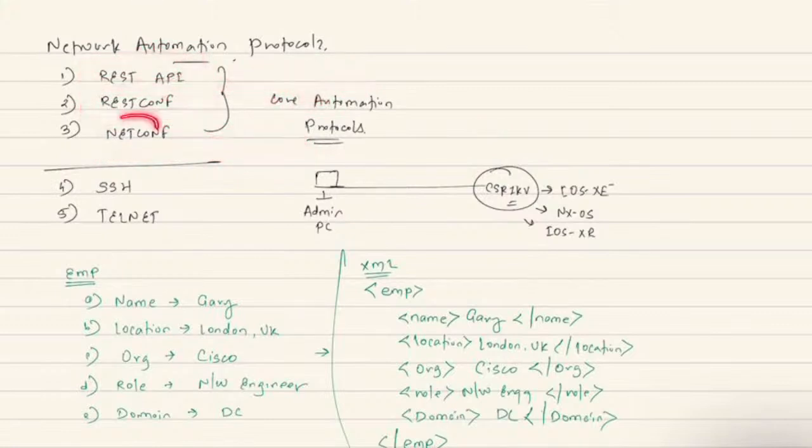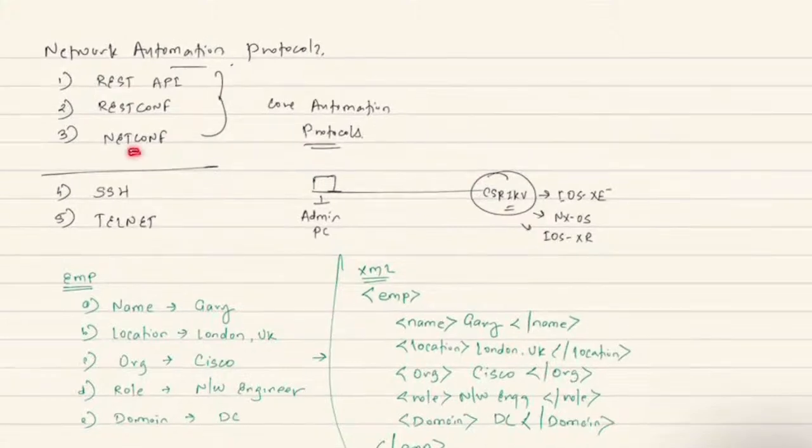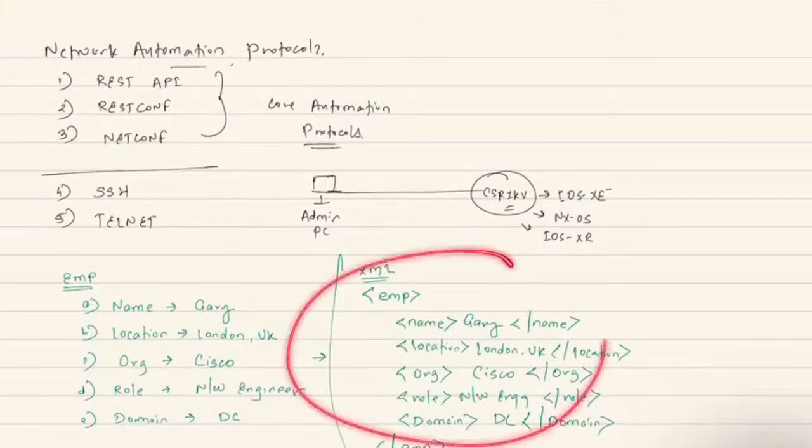NETCONF was proposed in 2003, I believe, and at that time XML was a very popular language for data structuring. That's why when we work with NETCONF, we create our payloads, our configuration, our interface configuration and OSPF configuration, all by using XML as our data structuring language.